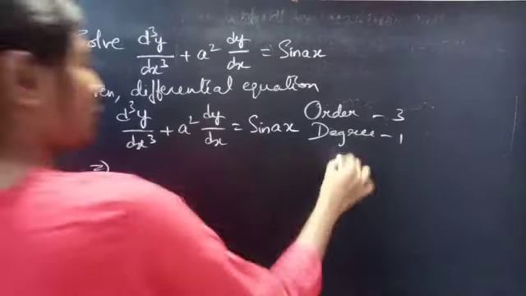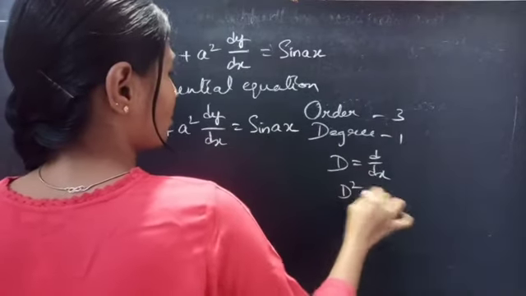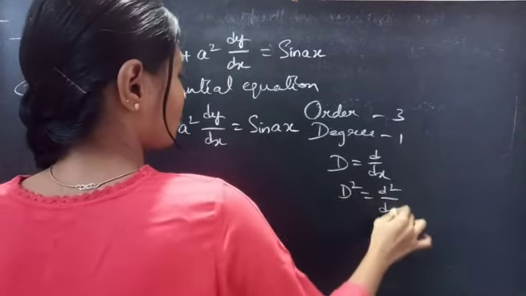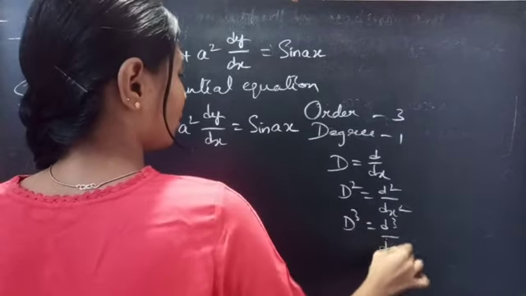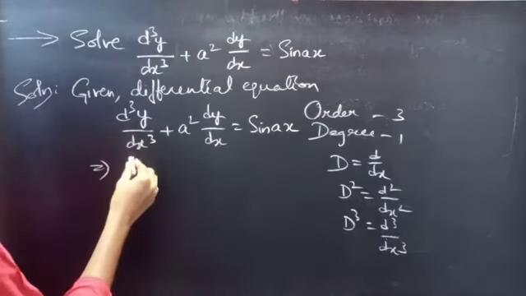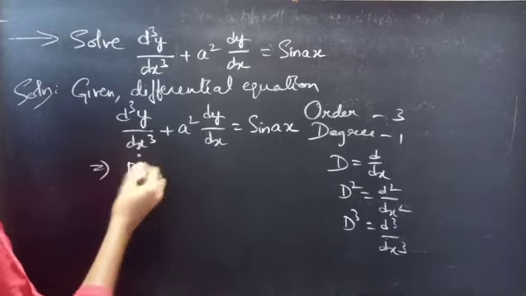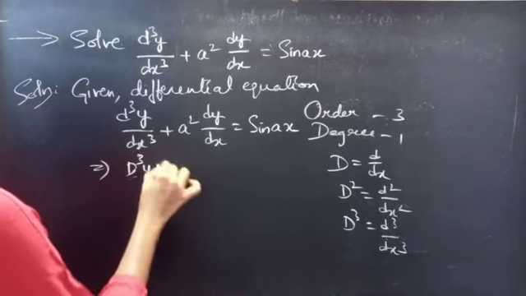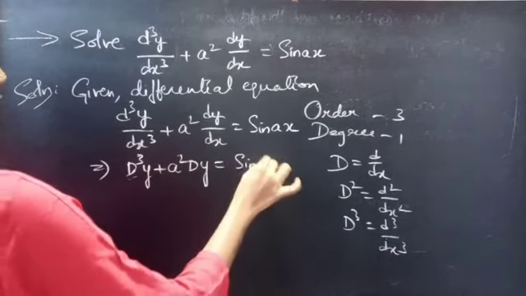We know that differential operator D equals to dy by dx, then D square is d square by dx square. Then we can write D cube as d cube by dx cube, right? Now we can write the given differential equation as D cube y plus a square Dy equals to sine ax.